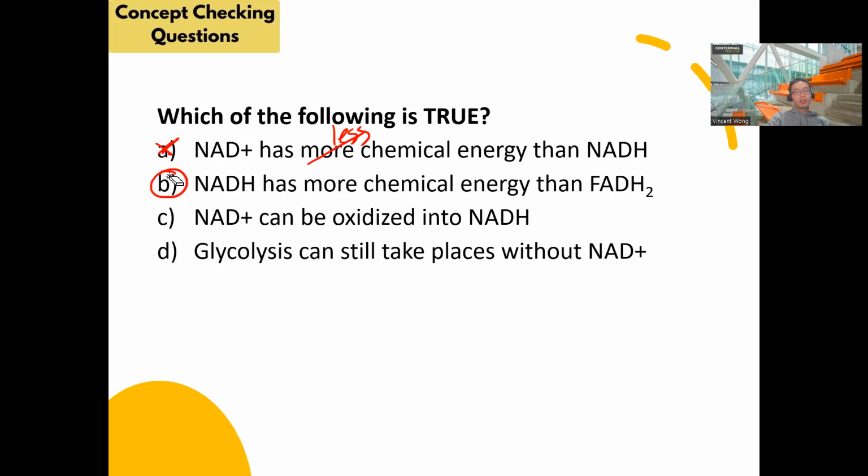So this is correct. NAD plus can be reduced into NADH when it picks up electrons. And this one is not true either, because we need the NAD plus to pick up those electrons that are being released in glycolysis. If NAD plus is not around, nothing is going to be picking up those electrons, and glycolysis is just going to be stuck, and nothing's going to be happening.